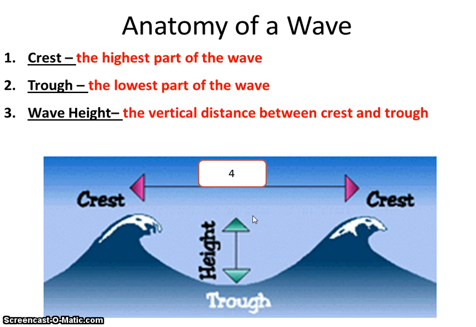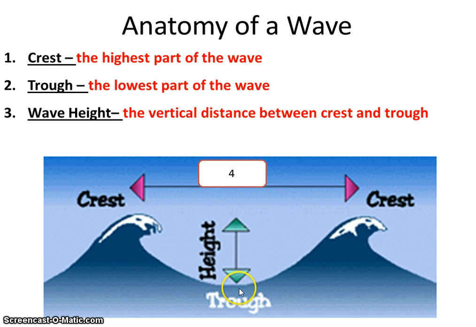Wave height is probably one of the most misunderstood things about ocean waves, because it sounds really misleading. If I talk to you about a 3-foot or 4-foot wave, you think, well, I'm 5 feet tall, 6 feet tall, so that's a tiny wave. The thing is, wave height is measured from the trough or waterline, not from where your feet are.